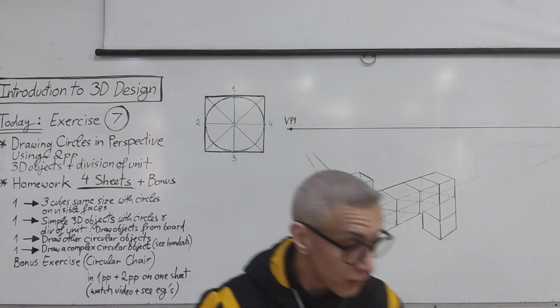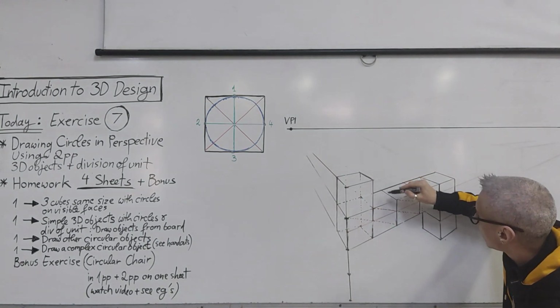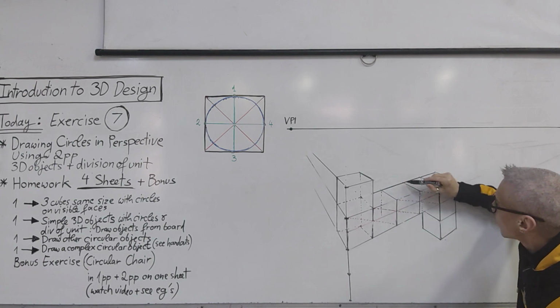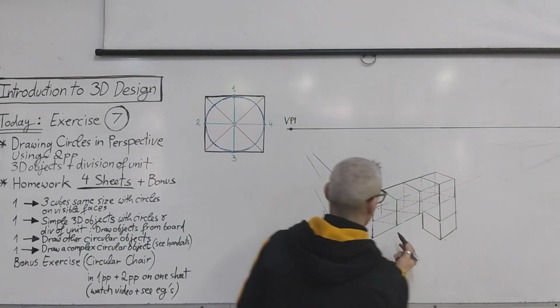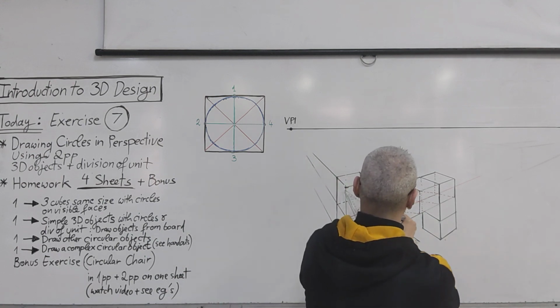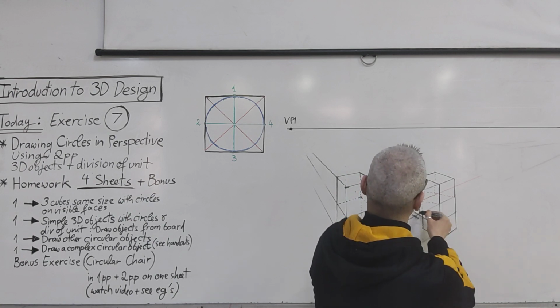So now I will draw circles in some of these faces. Let me see, we need to draw also the hidden faces. So these 3 hidden faces, we need them. Let me draw them. And from all of these points, we will take to the vanishing point.